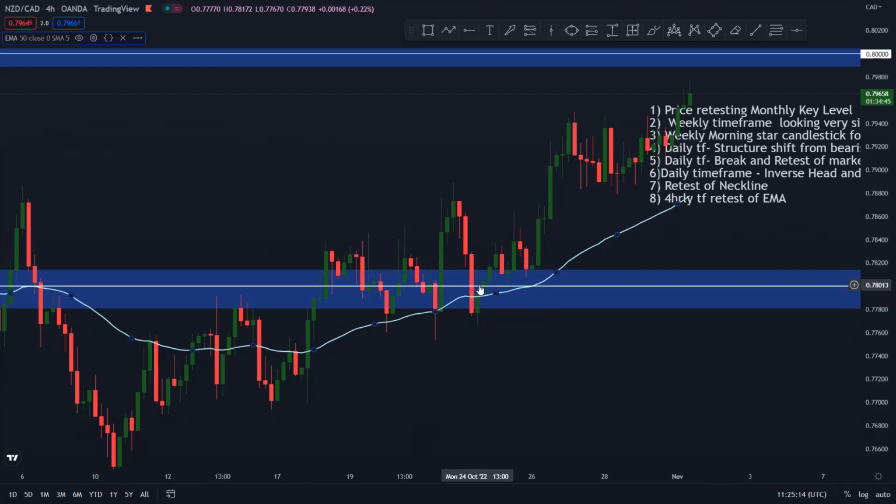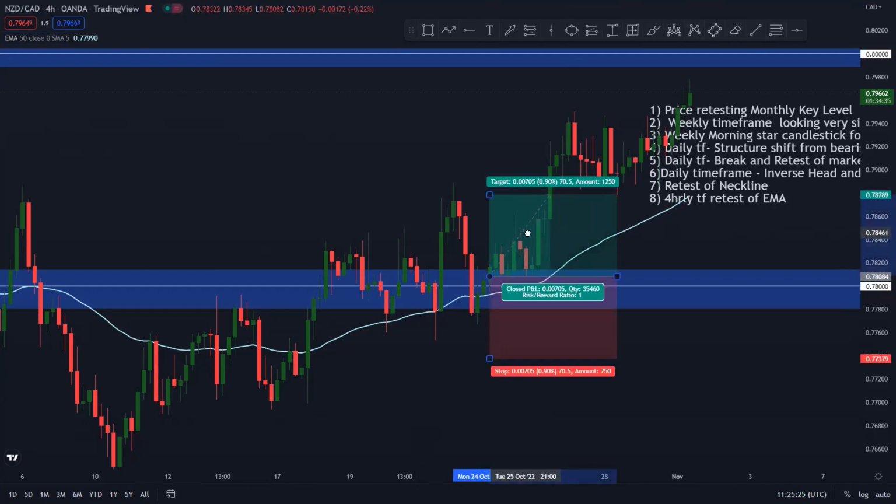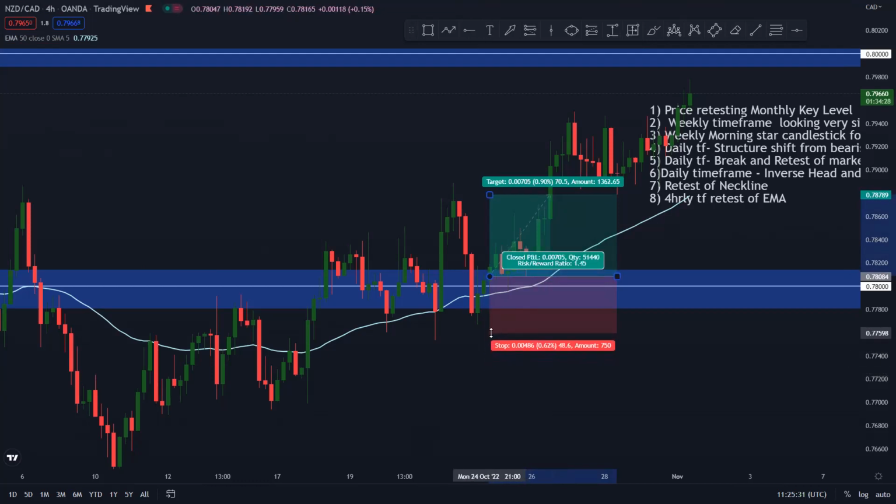So I got in on the buy trades somewhere around 0.78 thousand. Had a very tight stop loss on this.